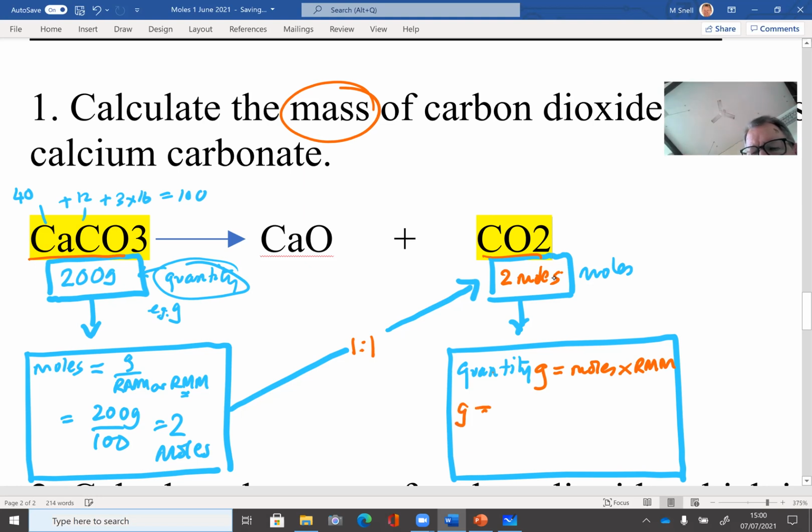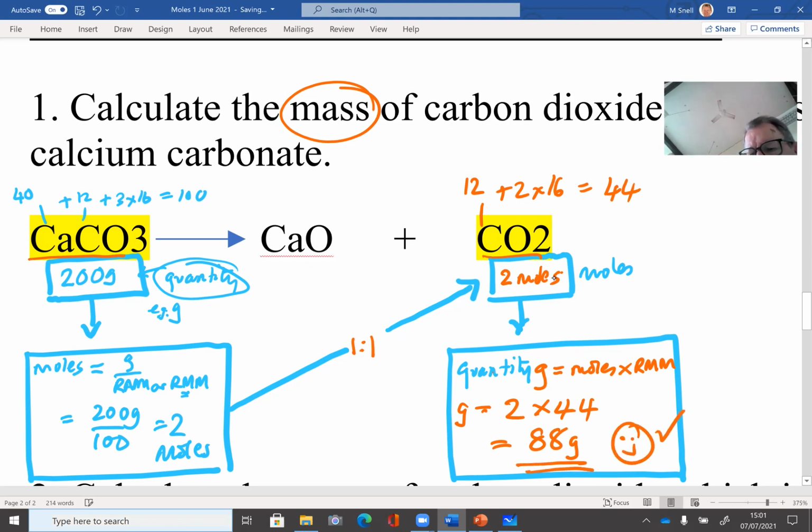So the grams equals the number of moles, which is 2, times 12 plus 2 times 16, and that's 44. So it's 2 times 44, which equals 88 grams. And that, as seen by Charles, is fantastic. Okay, so that's the method.